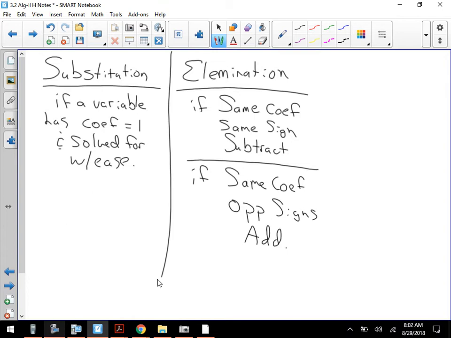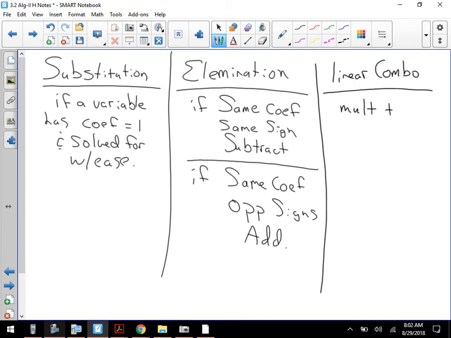You would use linear combination to create a version of elimination. Okay. So that idea of what's called linear combo, you would multiply to make elimination. Again, think of it as if all else fails.